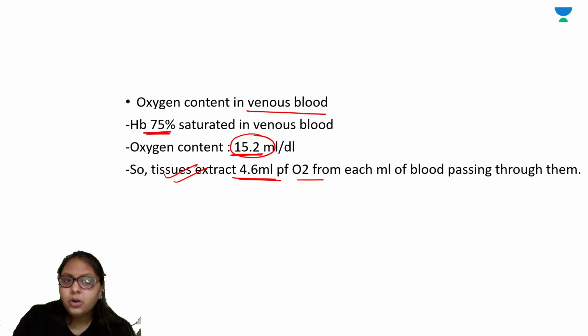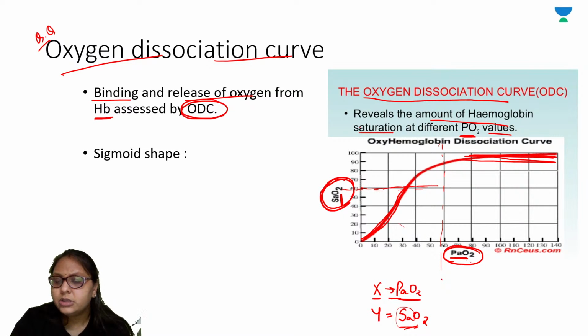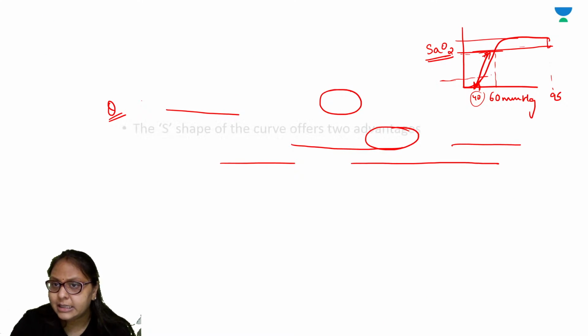Okay, so this is the oxygen dissociation curve, which is sigmoid in shape. Sigmoid shape has two advantages.